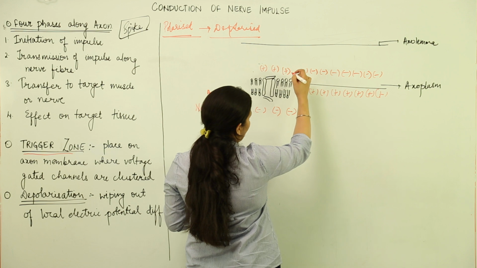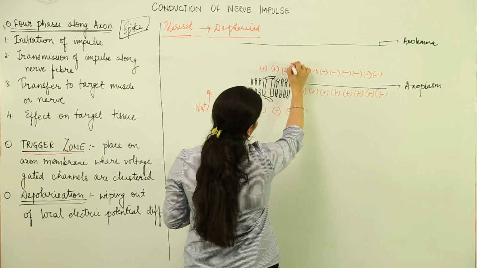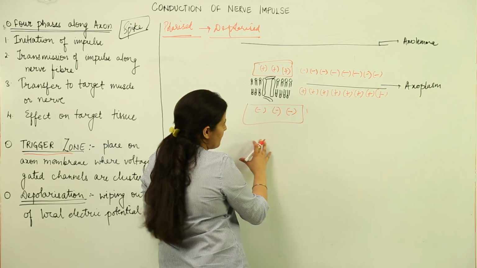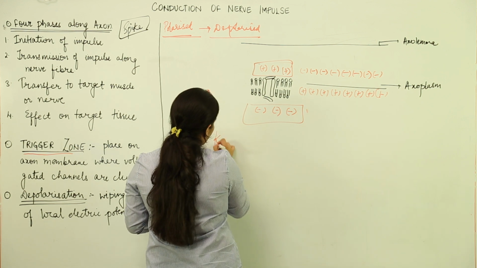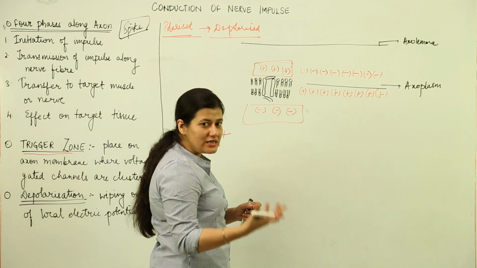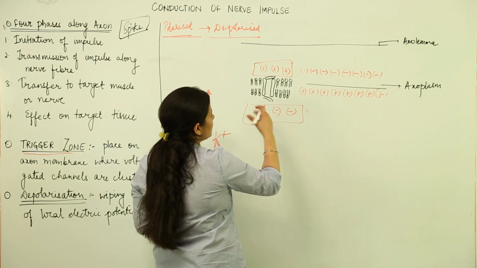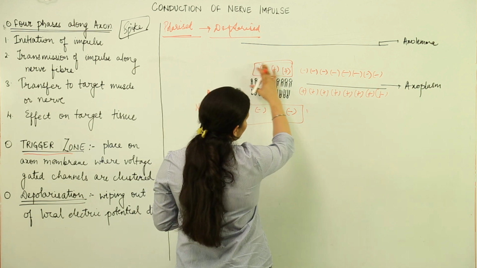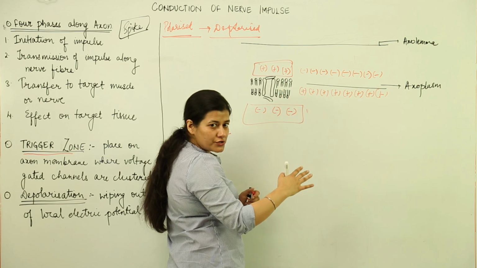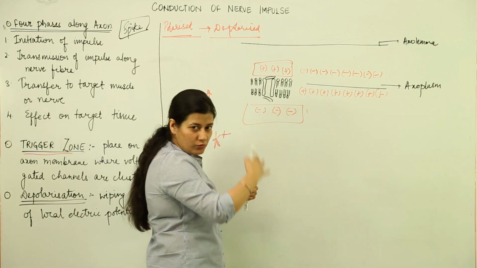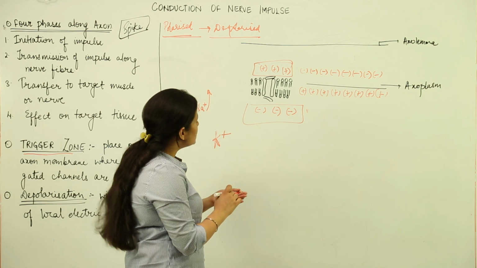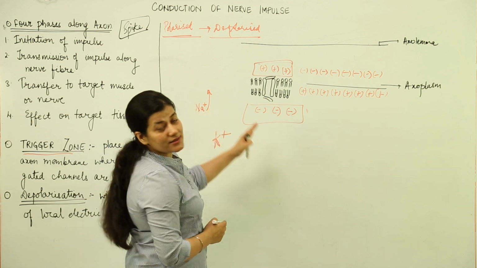When the potassium outflow through voltage gated channels increases within 0.5 millisecond, it tries to restore the polarity. Potassium ions are easily movable through the voltage gated channels, and at the same time they have more permeability, so it is bound to restore its resting potential.